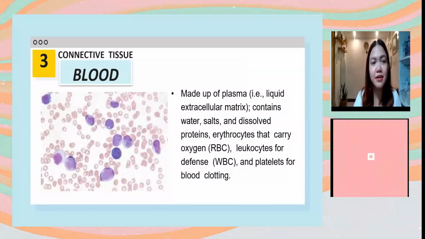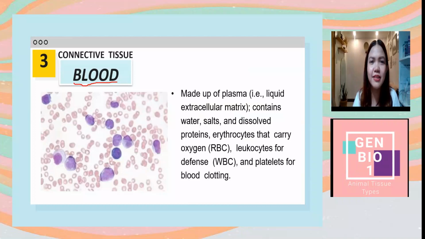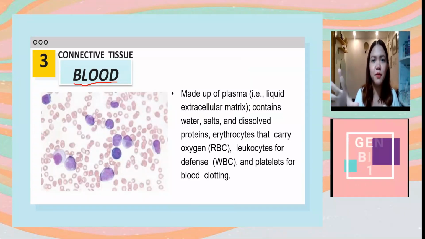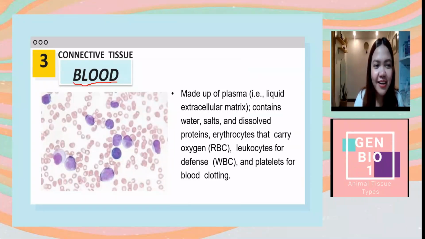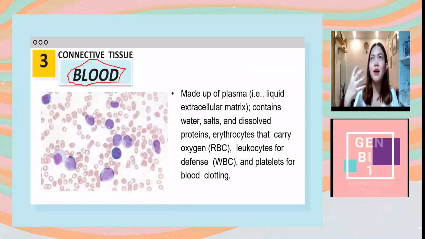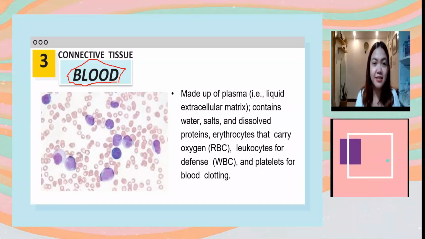Next is your blood. You might be wondering how we can consider blood as part of connective tissue if it doesn't literally connect, like your bones do. But you need to remember that blood transports oxygen all throughout your body because of its RBCs.